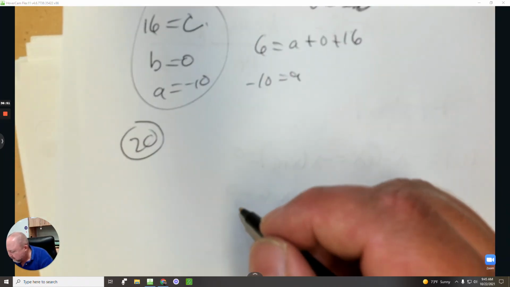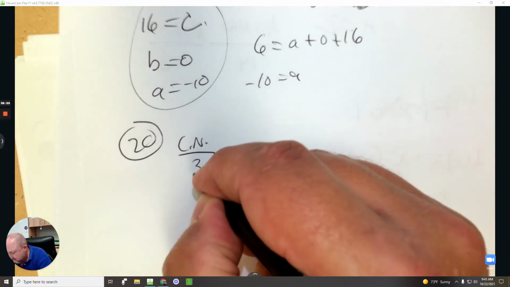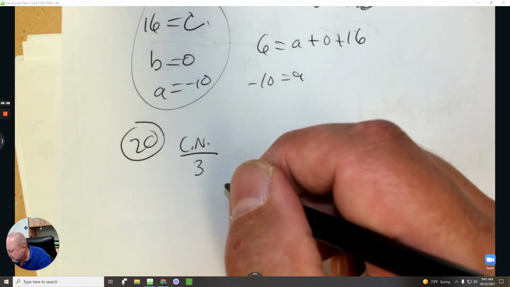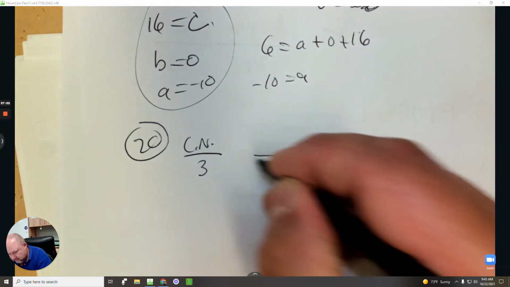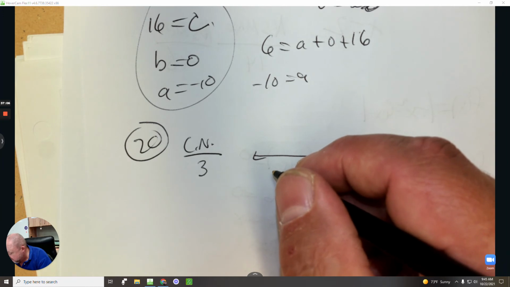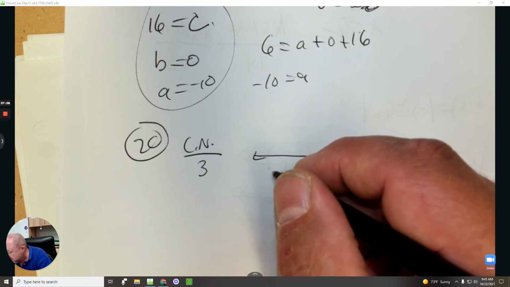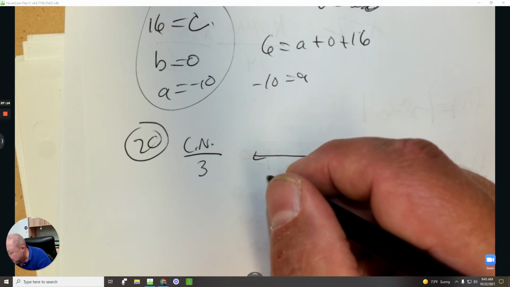If the only critical number of a function is 3, and the derivative at 2 is negative 6, and the derivative at 4 is 7, does the function have a minimum or local maximum at 3? So assume it's continuous.